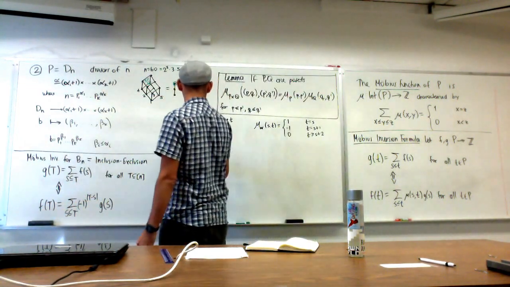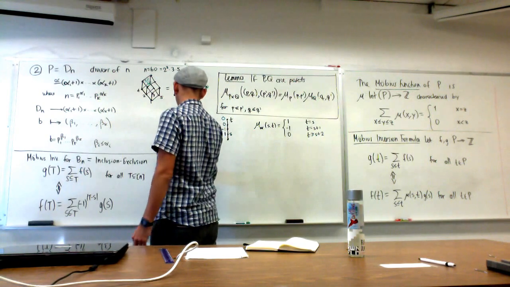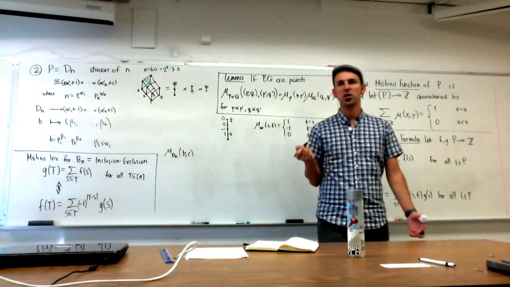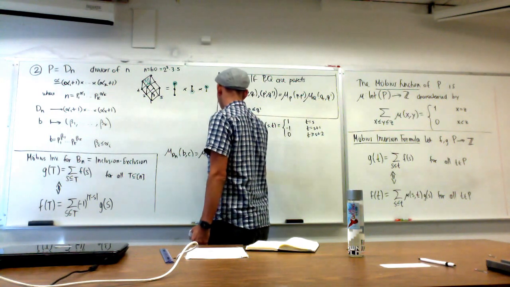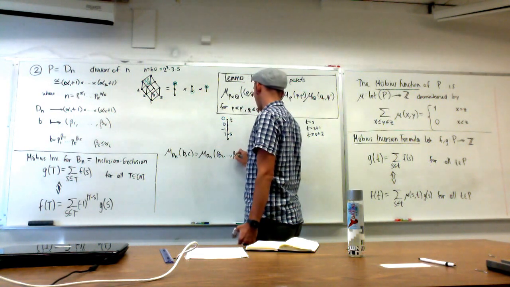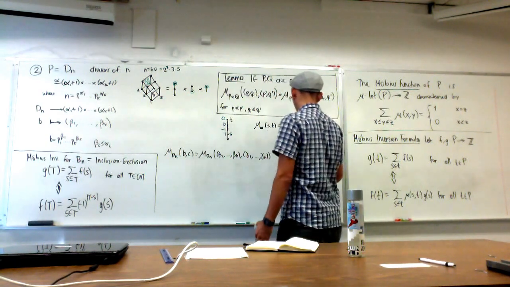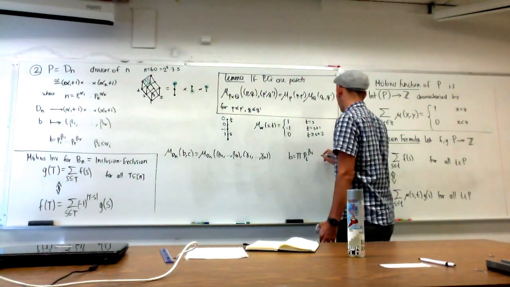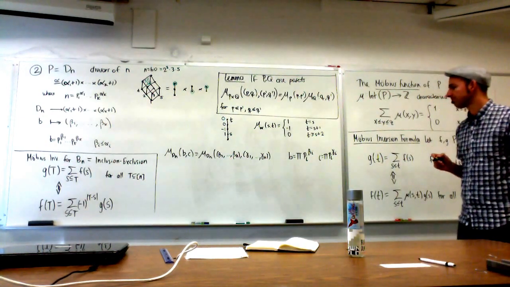And so that means that if I want to compute the Moebius function from B to C, where B and C are divisors of n, then again I can think of this as a tuple: beta 1 up to beta k, comma, gamma 1 up to gamma k, where B is the product of p i to the beta i, and C is the product of p i to the gamma i.